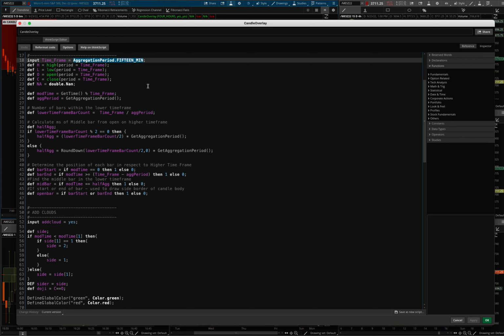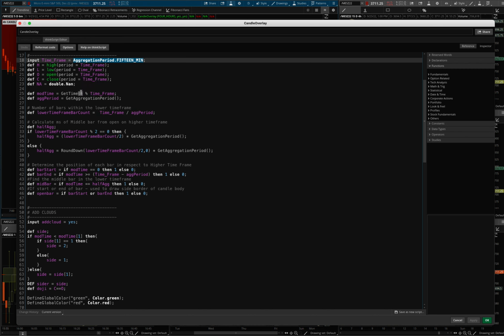It is going to be the number of milliseconds in 15 minutes. So this constant is going to be 1,000, because it's milliseconds. 1,000 equals 1 second, times 60, because there's 60 seconds in a minute, times 15, because there's 15 minutes, and that number is going to be the time frame.